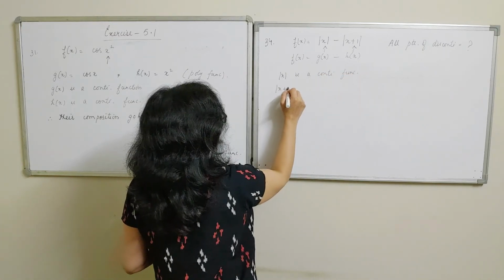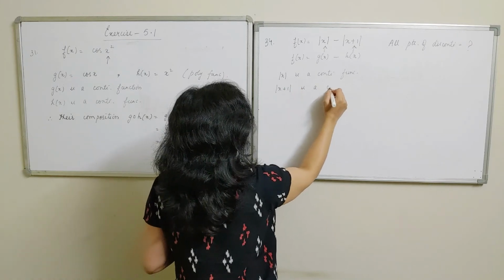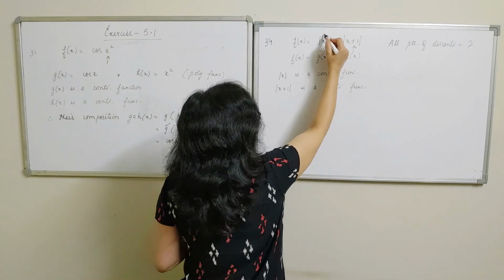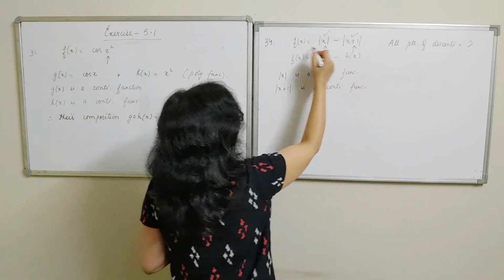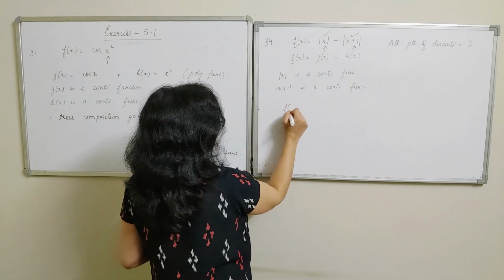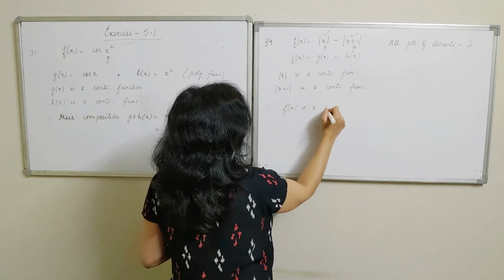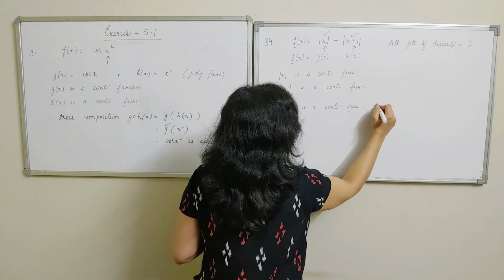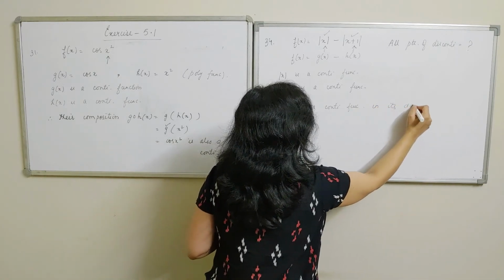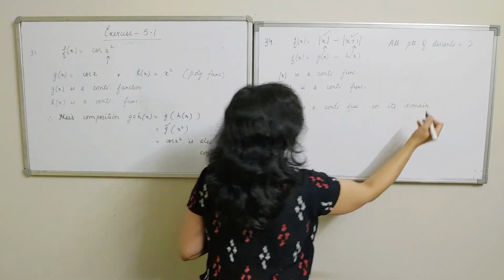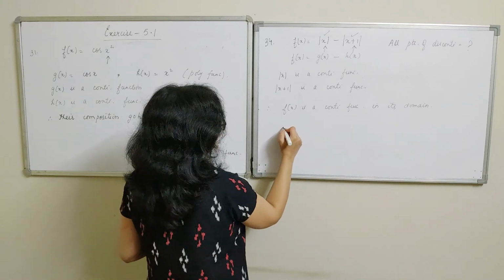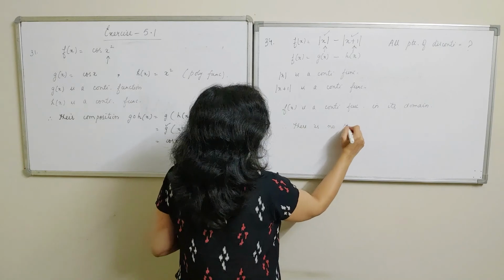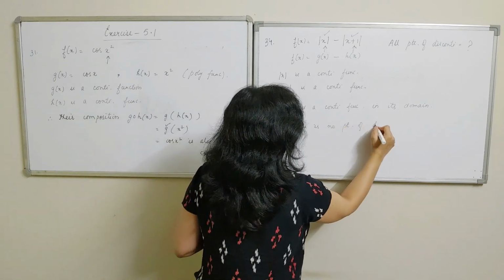Likewise, mod of x plus 1 is also a continuous function, and therefore the difference of two continuous functions will be a continuous function. So we get to know that f(x) is a continuous function. Where is the function continuous? In its domain. So if the function is continuous at each point of its domain, there is no discontinuity at all. Therefore, there is no point of discontinuity.